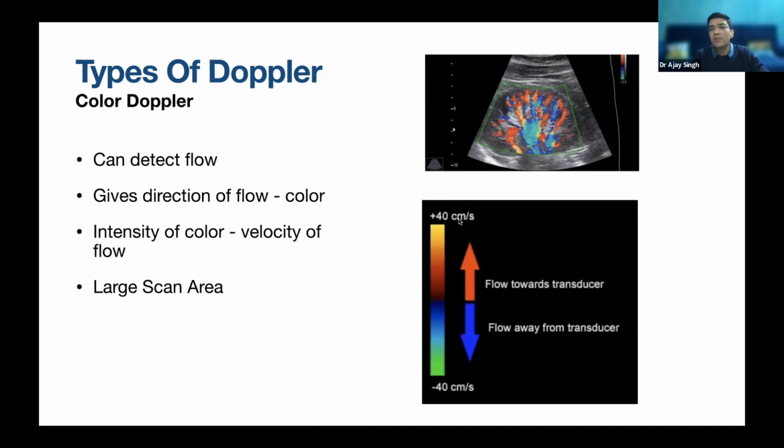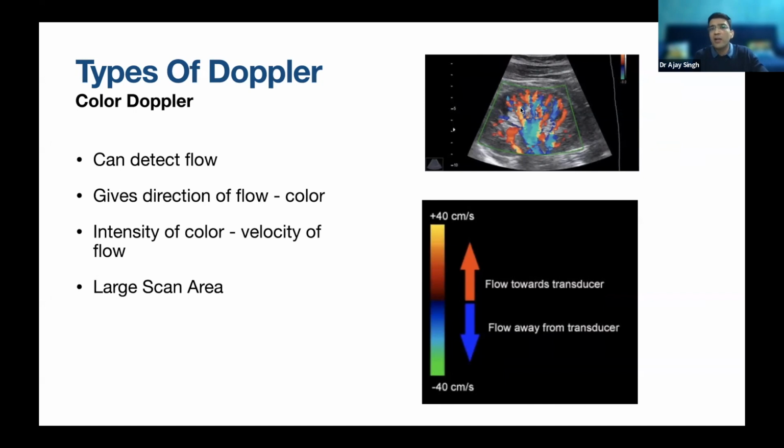Here it represents up to plus 40 centimeters per second of velocity and minus 40 centimeters per second. As the flow increases, the color becomes brighter. In the upper case, it becomes a bright yellow, and if it is moving away from the transducer, it becomes a greenish color. This gives us an idea about the direction of the flow and some idea about the velocity as per the scale we have chosen.